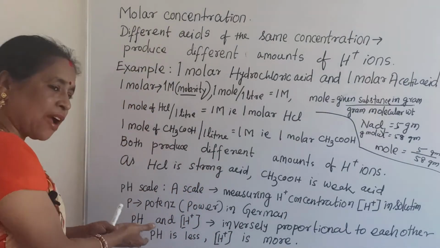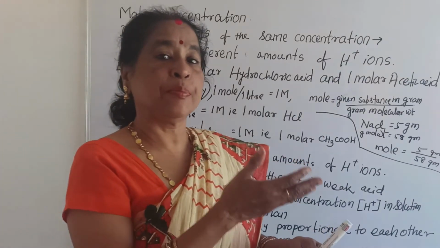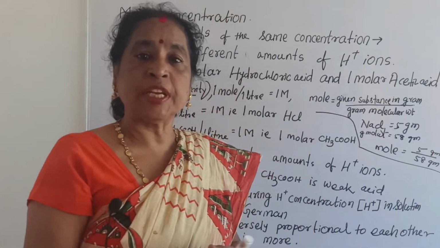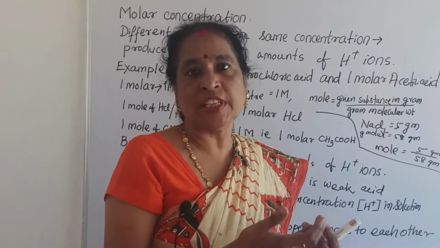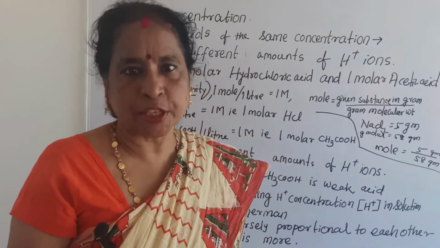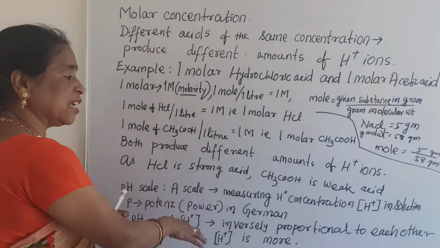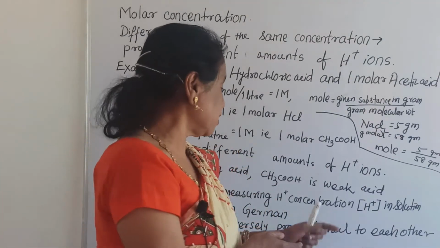Then the important fact, we come to the pH scale. What is meant by the pH scale? Scale means it is a type of measurement. So it is measuring H plus ion concentration.